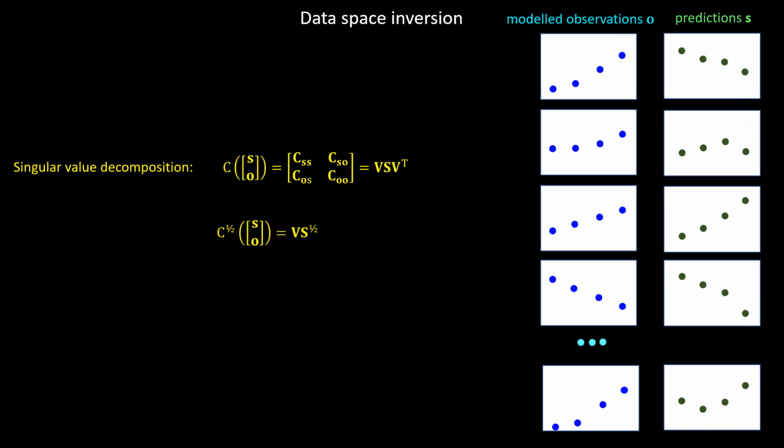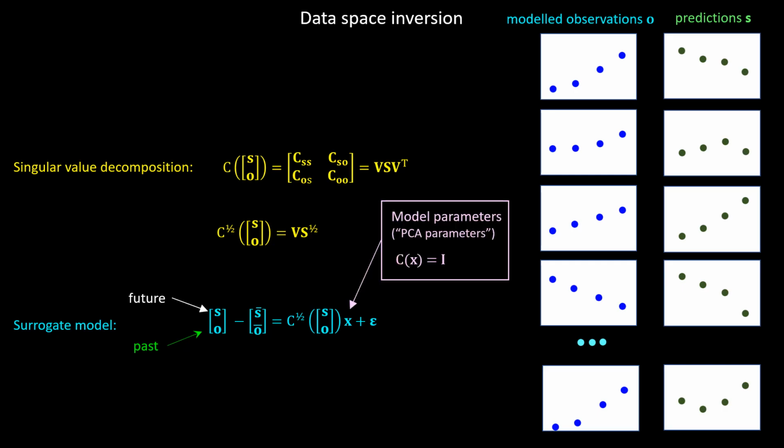Having done that, we build a new model, a surrogate model, a statistical model, an extremely fast running model, runtime about 0.01 of a second. The parameters of this model I call PCA parameters because of how closely what we're doing resembles principal component analysis.